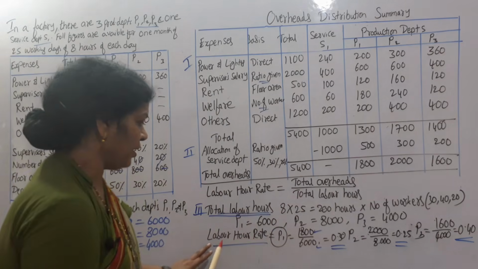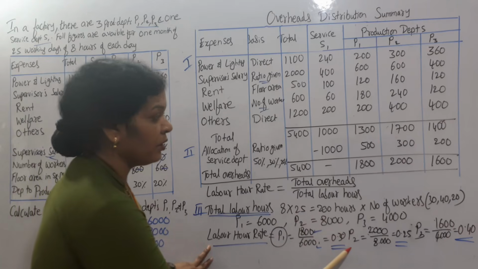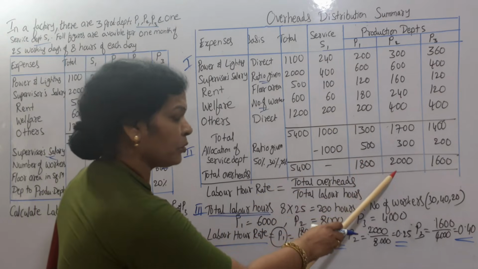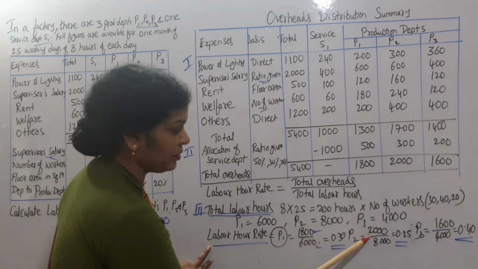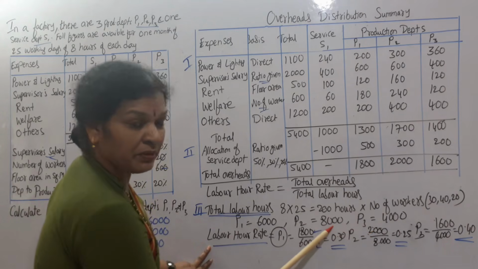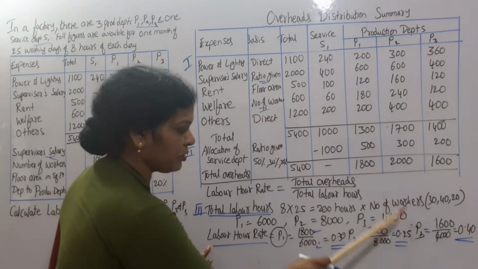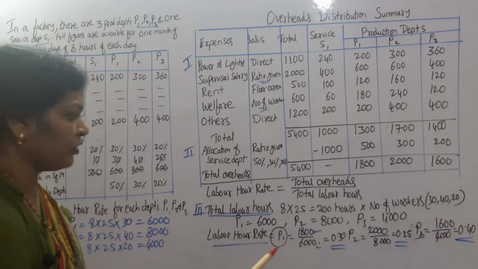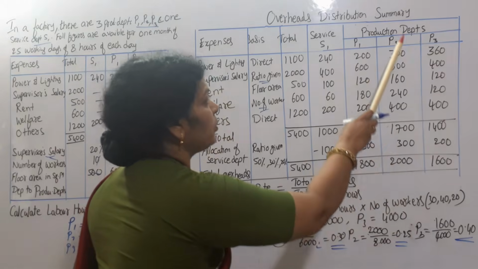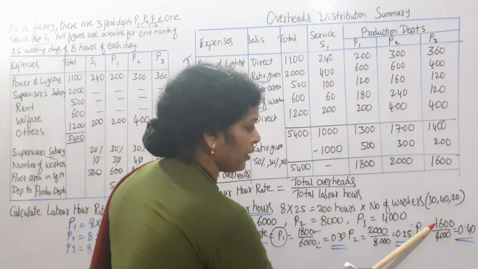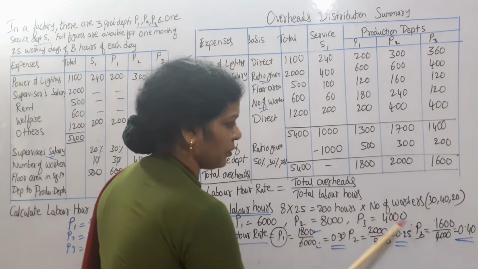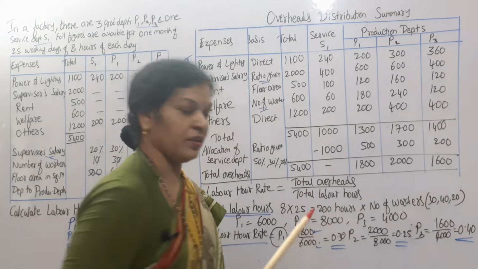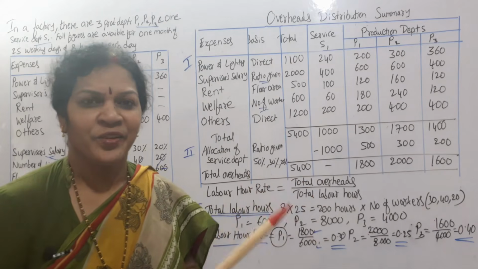In the same way labor hour rate for P2: total overheads 2000 divided by 8000 labor hours, 2000 divided by 8000 is 0.25. How did you get 8000? I have already given you the detailed calculation. In the same way for P3, total overheads are 1600 divided by labor hours 4000. So you got per labor hour 40 paisa. Am I clear? No confusion, easy.